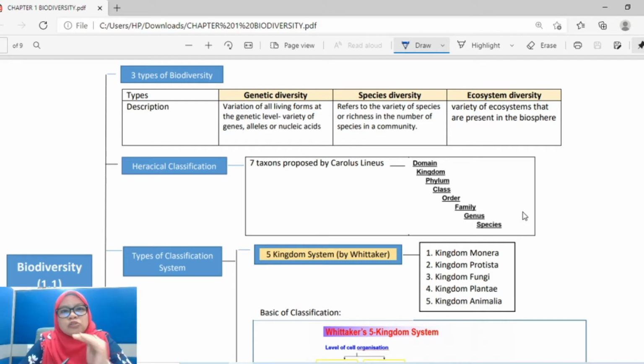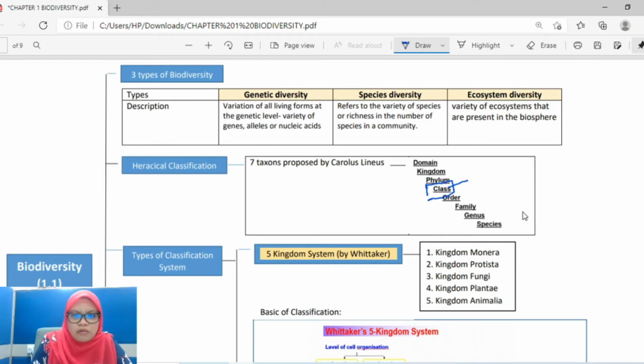Wajib ingat ikut susunan. Paling besar is domain, and then yang paling kecil itu adalah species. Okay, and each of these we call a taxon. Kingdom is a taxon. So, if the question asks you what is the taxon of X, the answer is class.